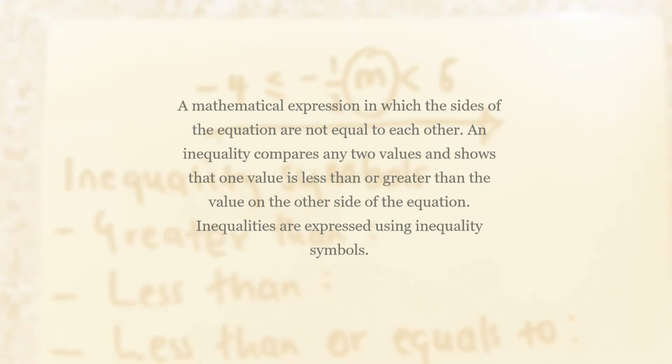In other words, an inequality compares any two values and shows that one value is less than or greater than the other value on the other side of the equation. To express inequalities, we use inequality symbols.